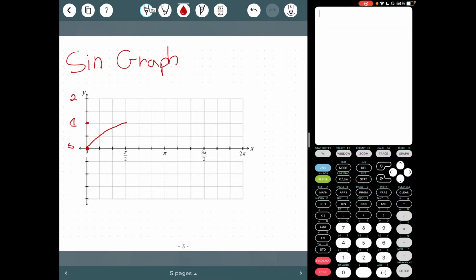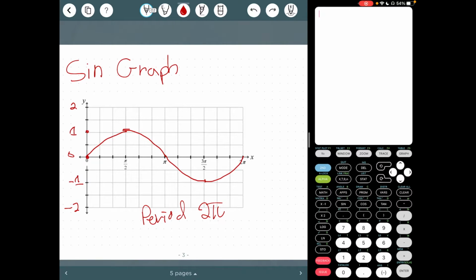And then from there, it comes down to pi, and then it keeps going down to 3 pi over 2, negative 1, negative 2, and then goes back up to 2 pi to create one whole circle. So this is one whole circle, and the period of this graph is 2 pi.